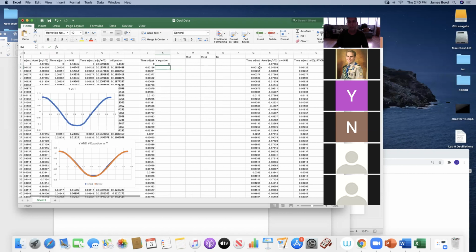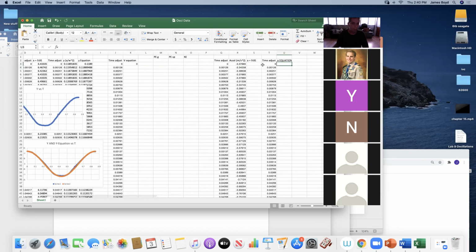And then for the A equation, all I need here is this equation, but I'm going to multiply it with a negative sign in the front. So I'm just going to copy that for a second.